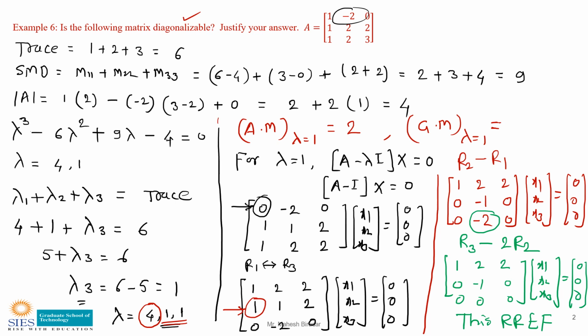If you reduce the coefficient matrix into reduced row echelon form, then just count the number of non-zero rows. There are two non-zero rows in reduced row echelon form. So you can say that the rank of this matrix is 2.